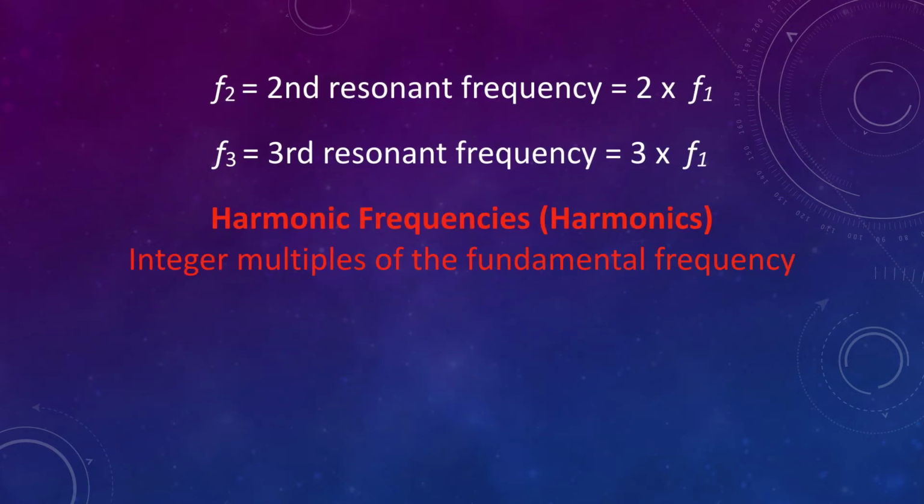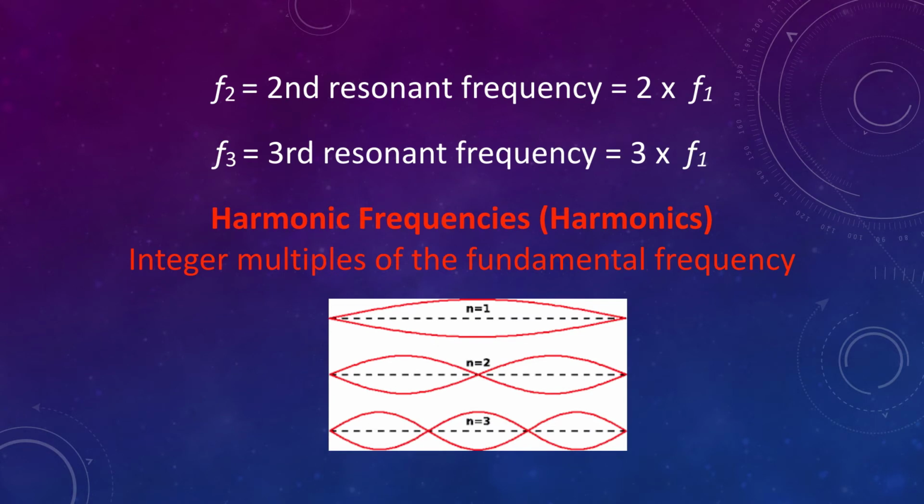When we have resonant frequencies that are integer or whole number multiples of the fundamental, we call those frequencies harmonic frequencies, or simply harmonics. On strings, we identify the standing waves by their harmonic number. This corresponds to the number of antinodes.